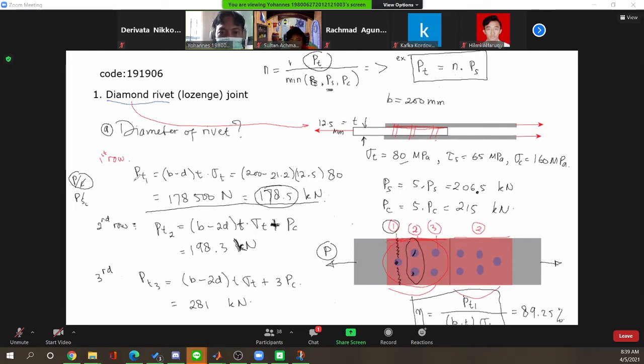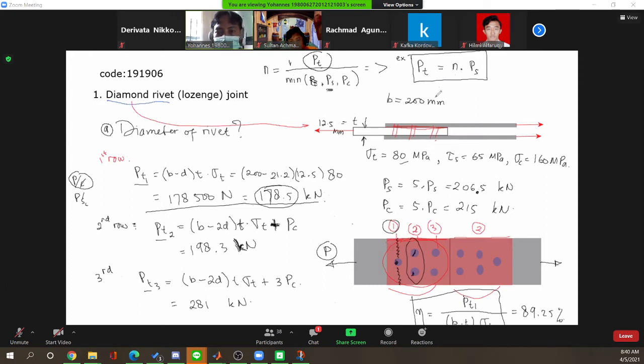Okay. So why do we calculate only the tensile strength? Why do we skip calculating the shear strength and crushing strength for each row? We also have different shear and crush resistance for each row.